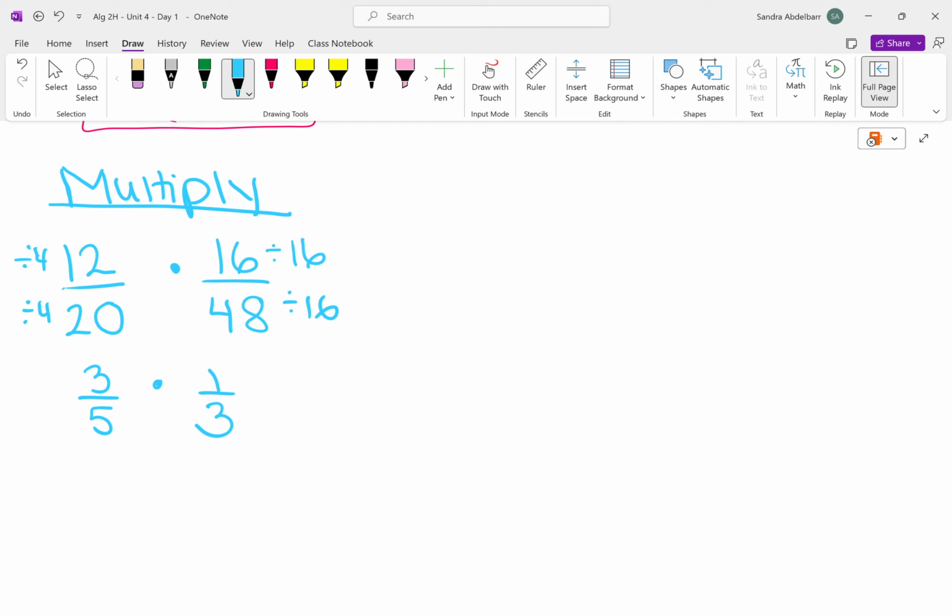But when we have multiplication between the two fractions, you can cross simplify. Remember that? Multiplication is the only operation you are allowed to cross simplify through. On the diagonal, 3 goes into 3 once and 3 goes into 3 once. So now I'm left with 1 over 5 times 1 over 1.